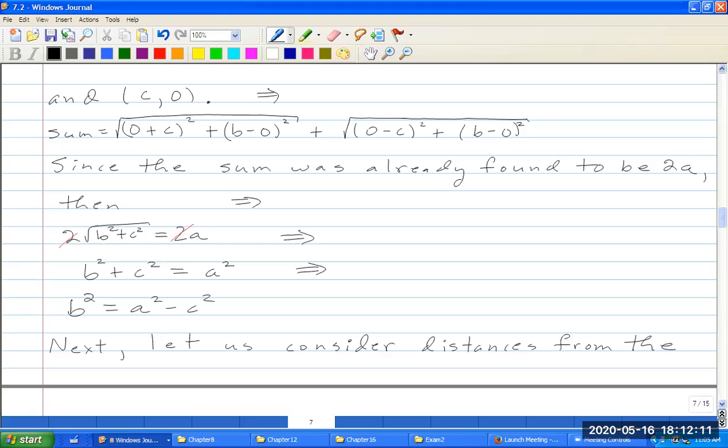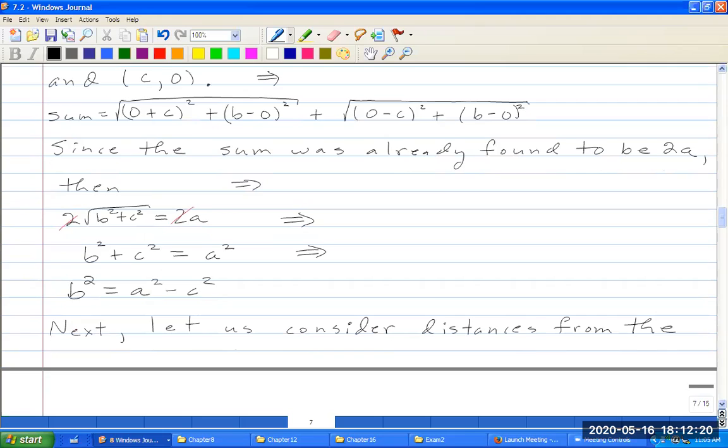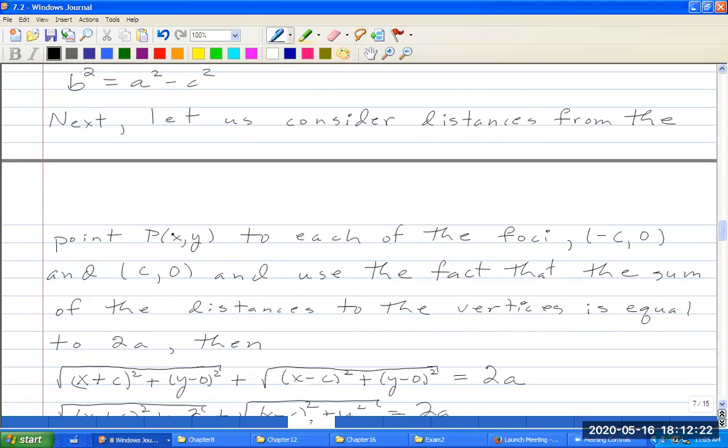We'll be eventually using that fact. So now let's consider the distance from the point P(x, y) to each of the foci, (-c, 0) and (c, 0), and use the fact that the sum of the distances is always equal to 2a.